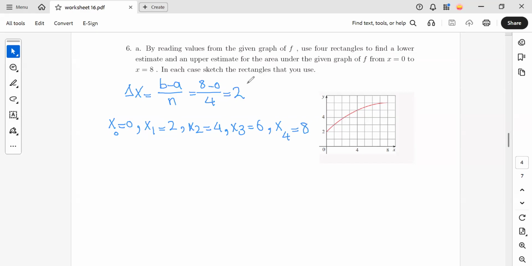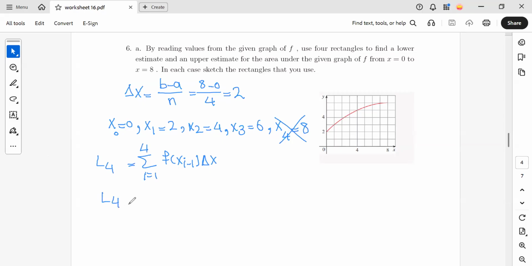But since we are talking about lower estimate, and since this graph is increasing, lower estimate is going to be using left endpoints, so we don't use this one here. L sub 4 will be the sigma of f of x sub i minus 1 times delta x, when i changes from 1 to 4.